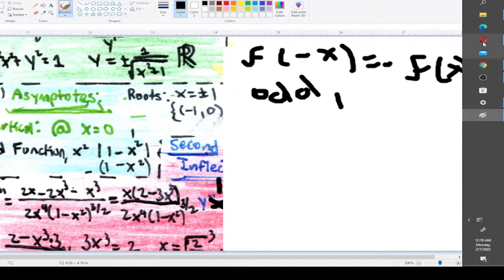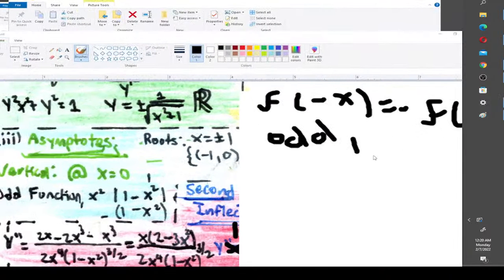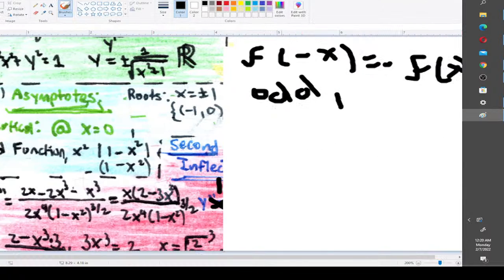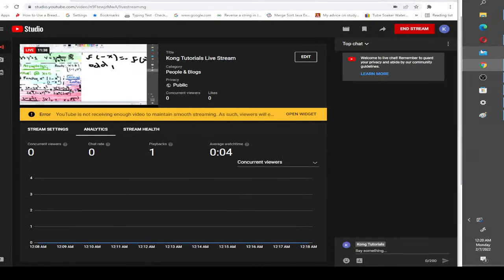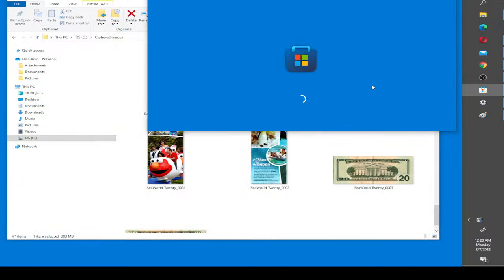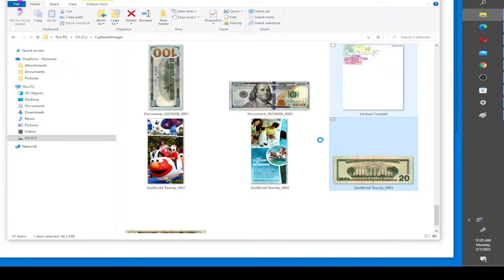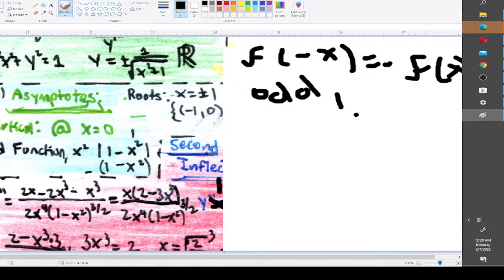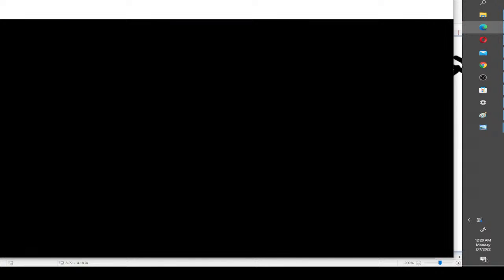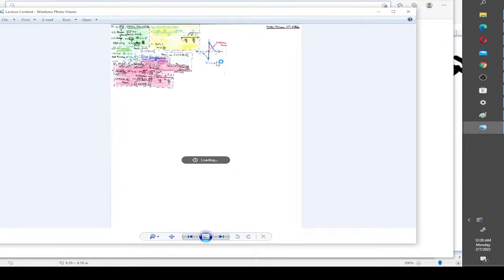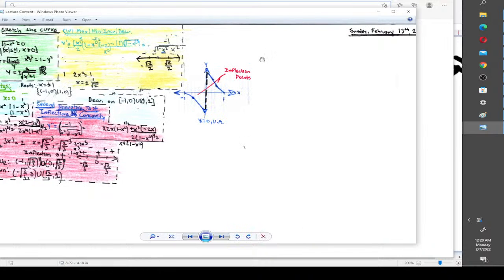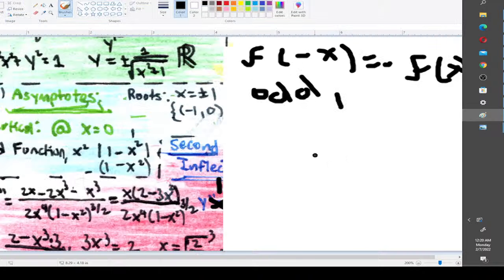So here's the graph that I drew. You can see that it is symmetric about the origin, so that means it's odd. I'll just prove that mathematically.